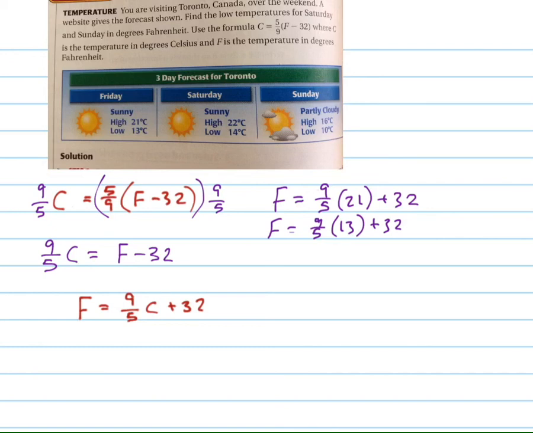Well, we wouldn't need to do Friday because they asked for Saturday and Sunday. But you get the idea. Does that make sense? And make sure when you write your answers that you label, this is the low for Saturday, high for Saturday, low for Sunday, high for Sunday. Everybody okay with that? Any questions? Okay.